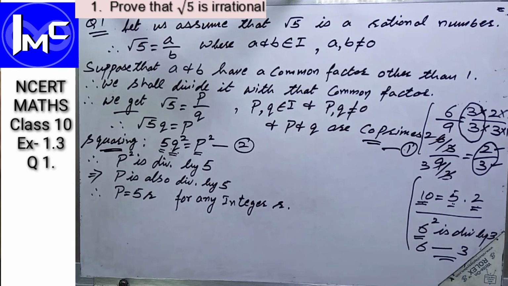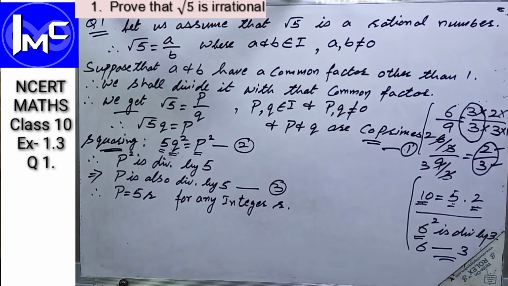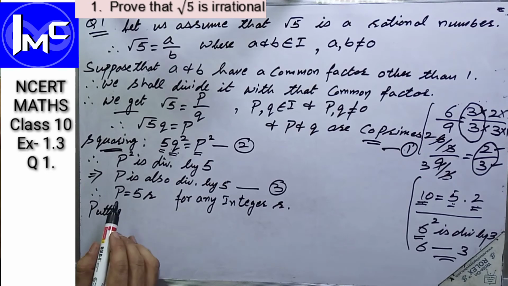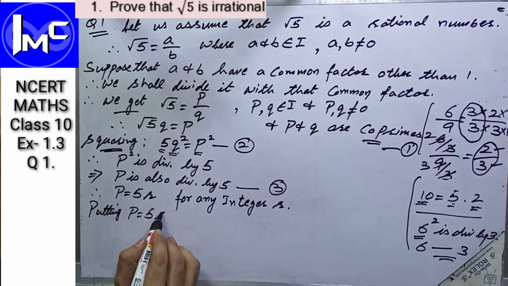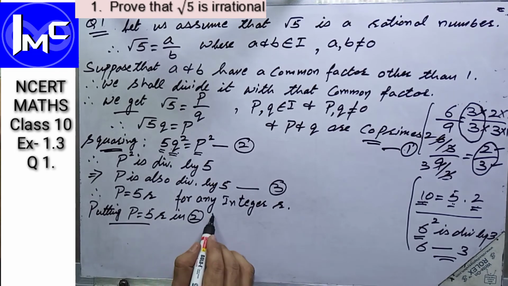Now take this step as 3. Further we shall use these steps. Now putting this value of p into p is equal to 5r into, what shall we get?